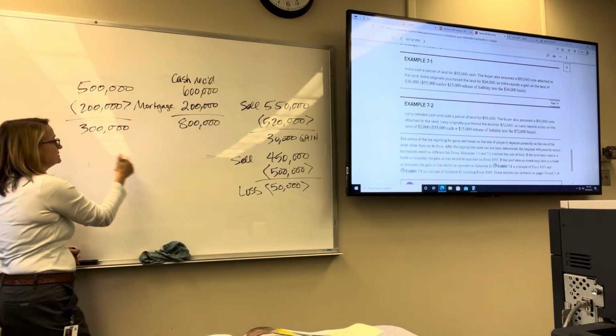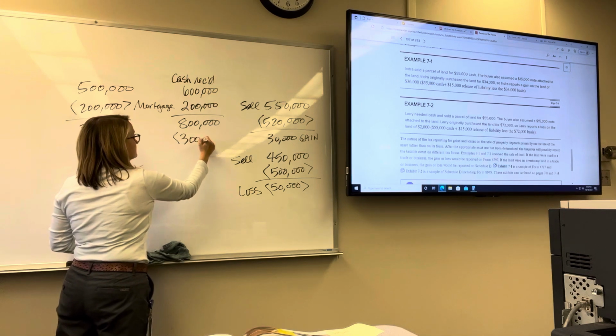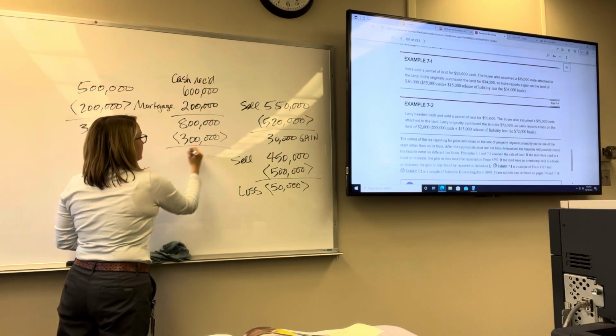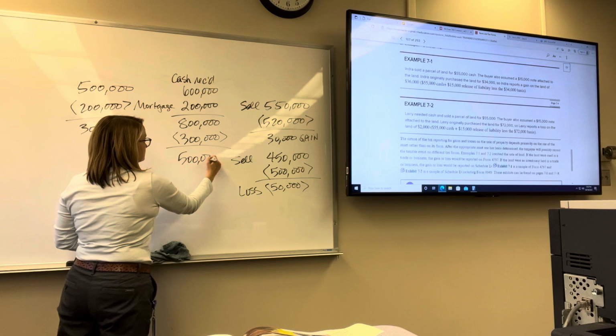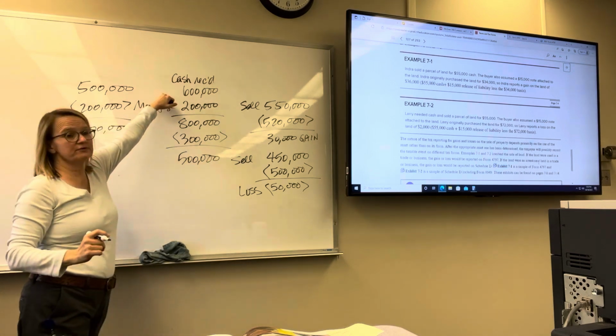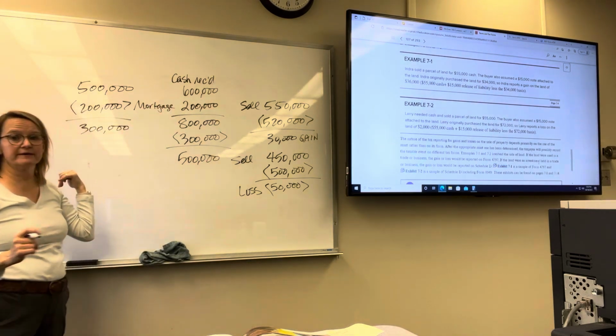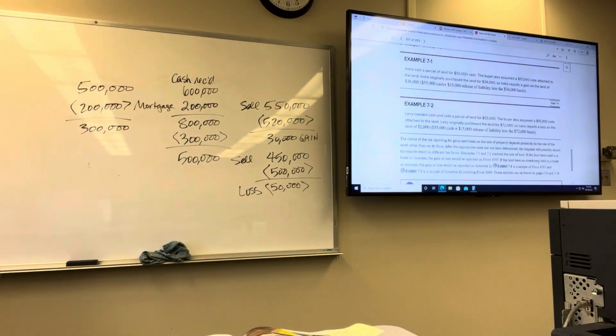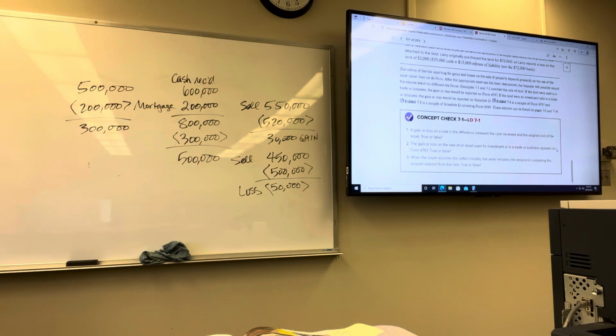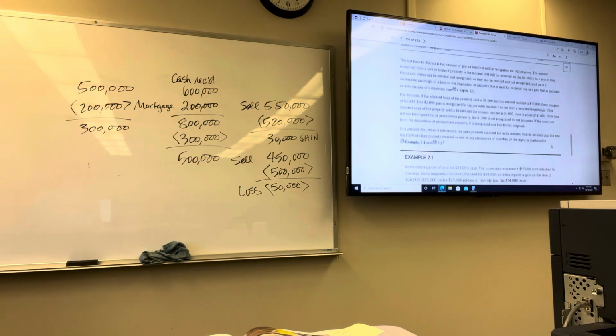So if this is our adjusted basis, now we've got a gain of $500,000. Because what we received was $600,000 plus now we don't have to pay that debt. Okay, so the release of liability less our adjusted basis.